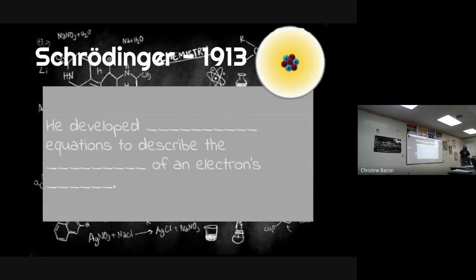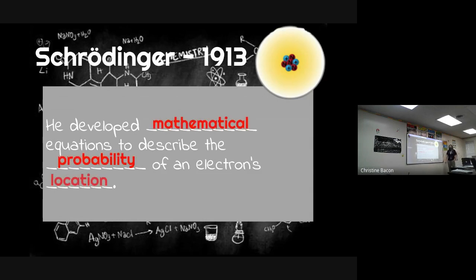But he developed mathematical equations to describe the probability of an electron's position or location. You don't really need to know that. Okay? So just know that Schrödinger discredited the perfectly circular orbits, and he came up with orbitals instead. Replaced orbits with orbitals.